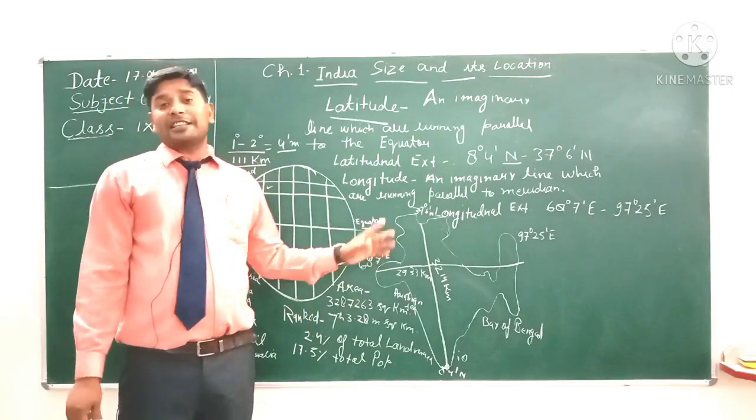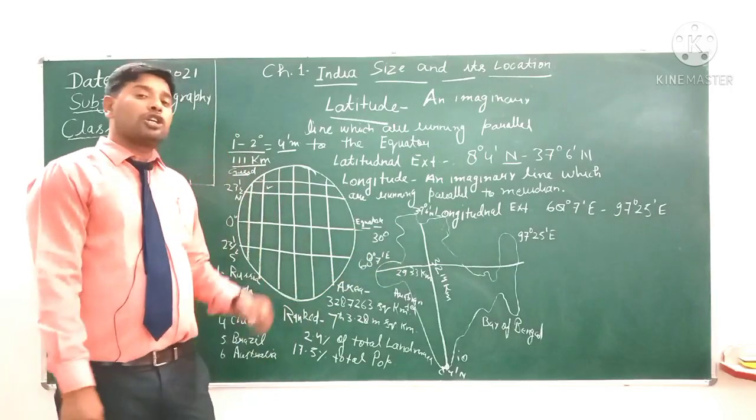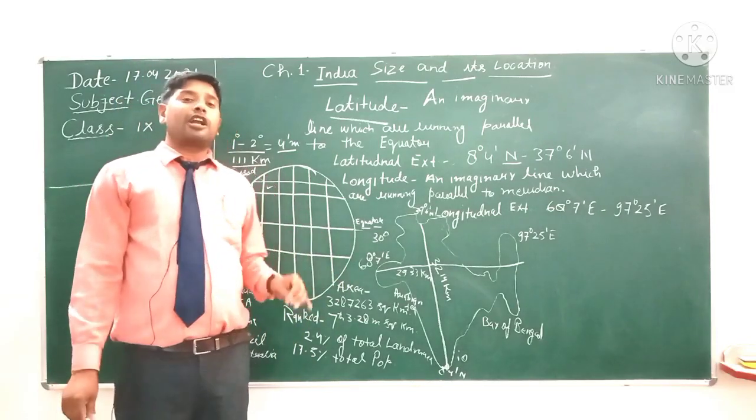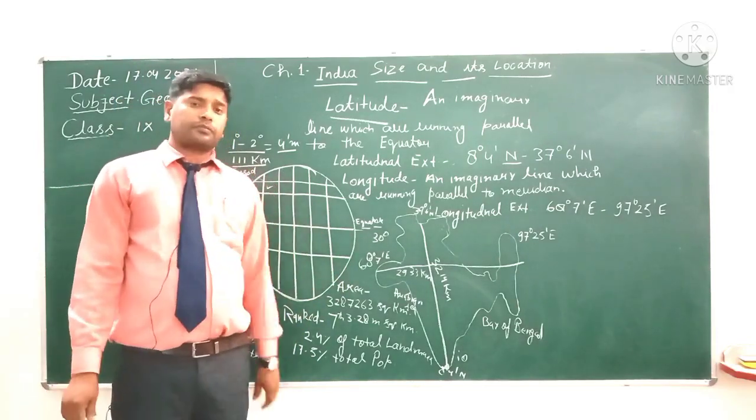So it is bounded on 3 sides by water bodies, so India is called a peninsular country.